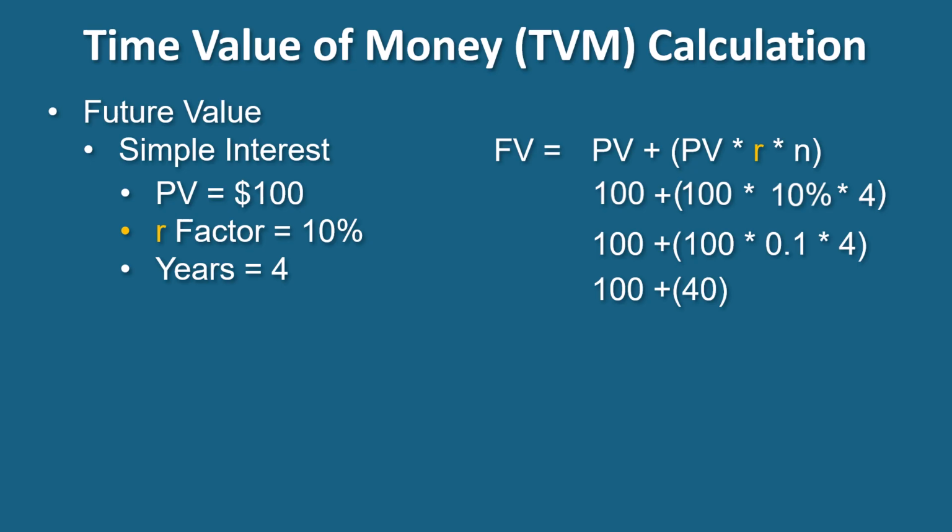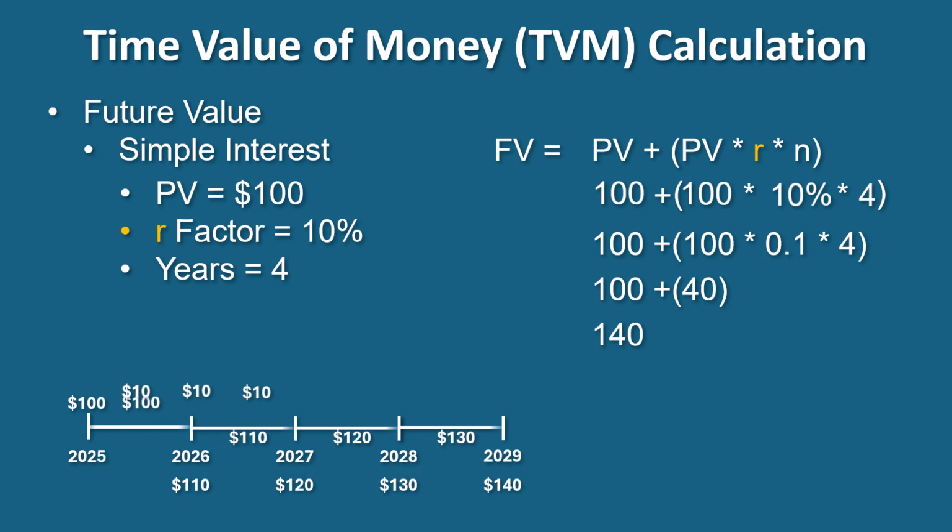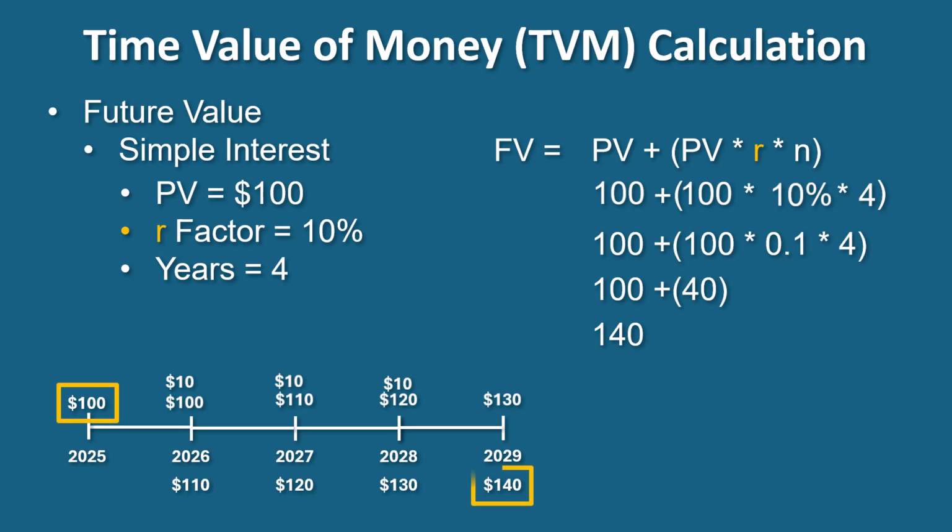So the calculation inside the bracket gives us 40. Then add the present value. 100 plus 40 equals $140. Therefore, the future value using simple interest is $140. So in the below graph, you can see $100 in 2025 equals $140 after 4 years in 2029.